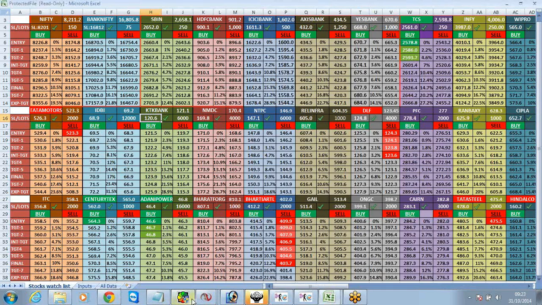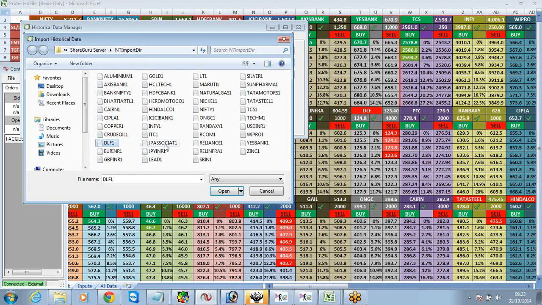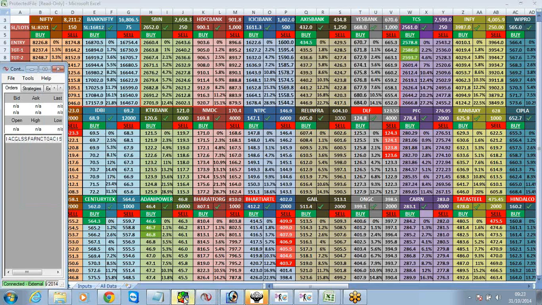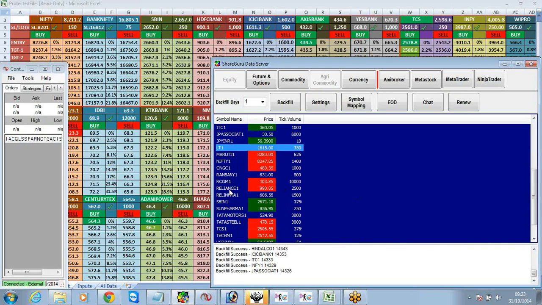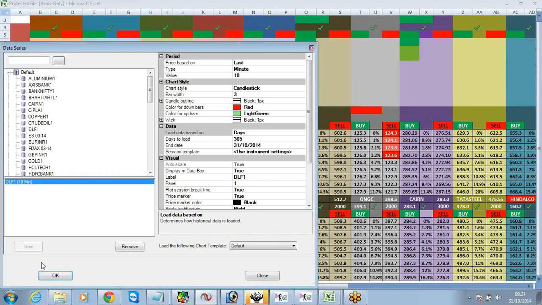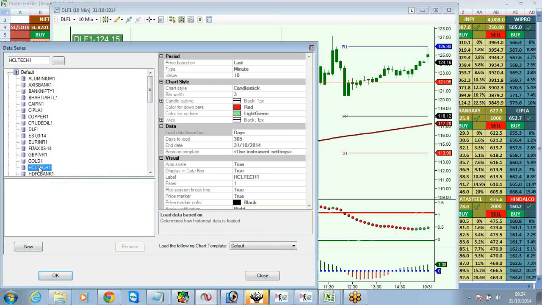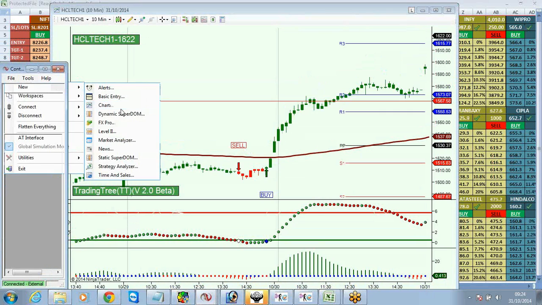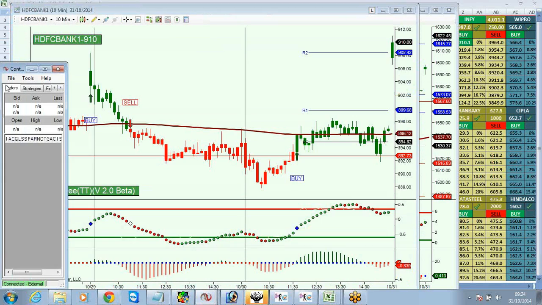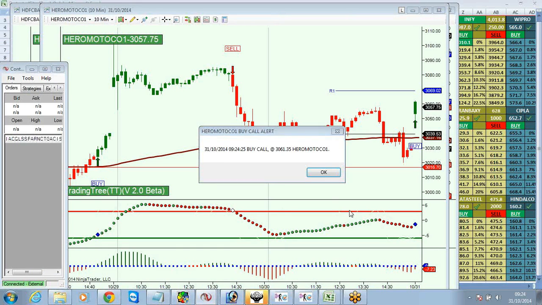BharatForge, we have a buy call. There is a buy call in Hero Motor 1.